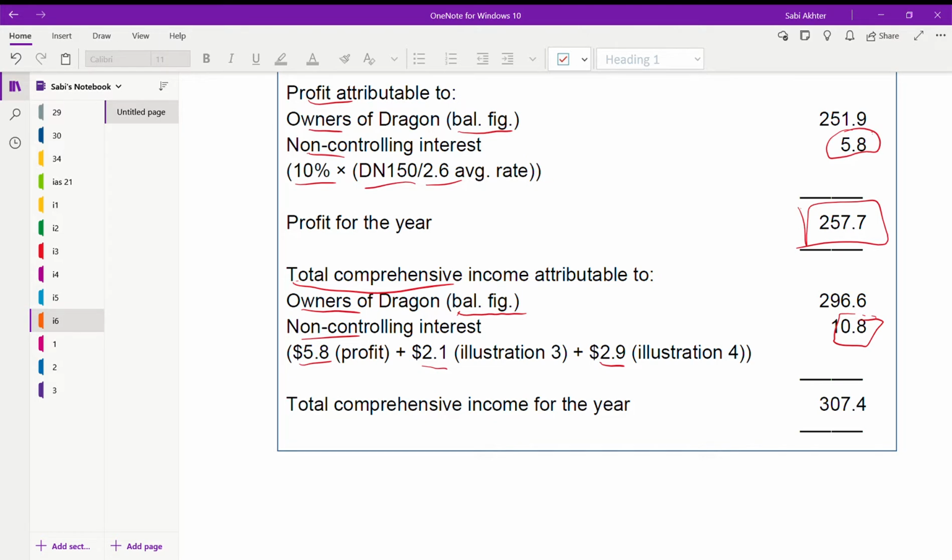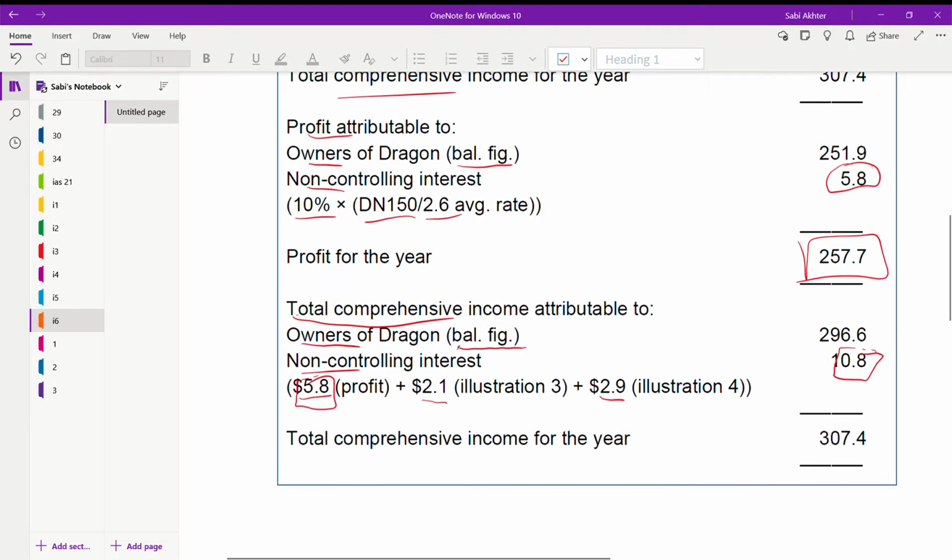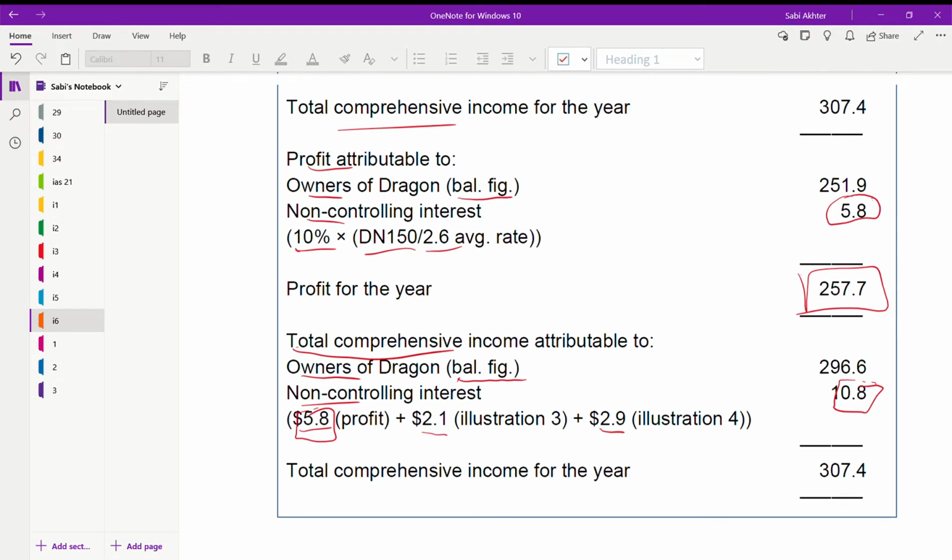Okay, where did we get this 5.8 from? If you see here, we are taking 10% of 150 divided by 2.6, because this post acquisition profit was in DN. That's why we had to take the average rate. But when we come to the total comprehensive income, it was already given in dollars, 5.8.